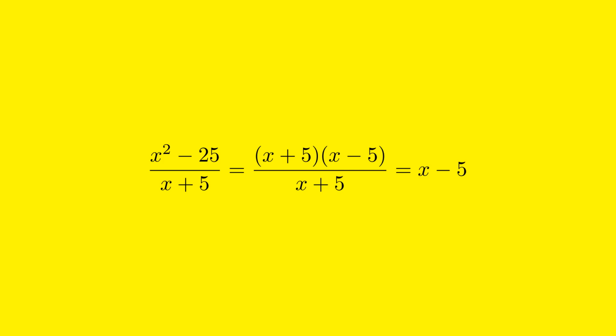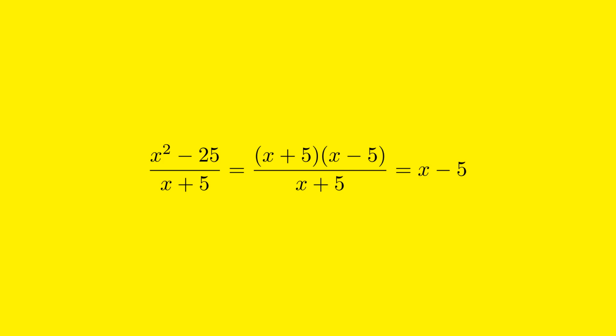Notice that in both the numerator and the denominator, there is a common factor of x plus 5. According to the fundamental principle of fractions, if the same term appears in both the numerator and the denominator, we can cancel them out. This means we can divide both the numerator and the denominator by x plus 5.